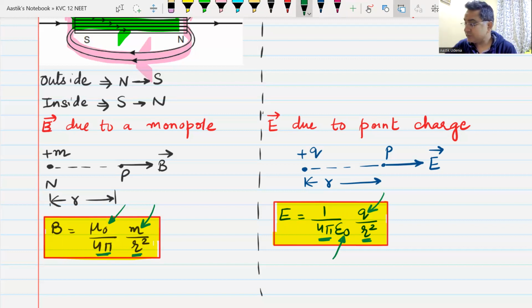Why is that so? You should remember that mu naught into epsilon naught is 1 by c square, where c is the speed of light.